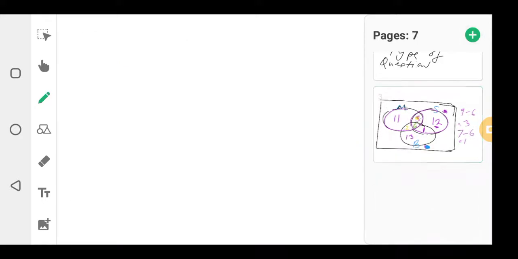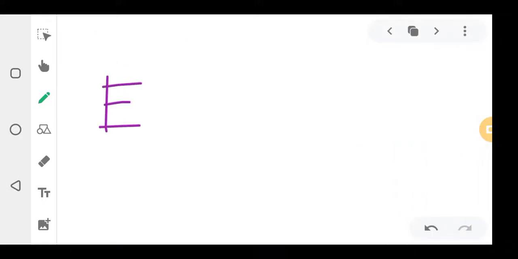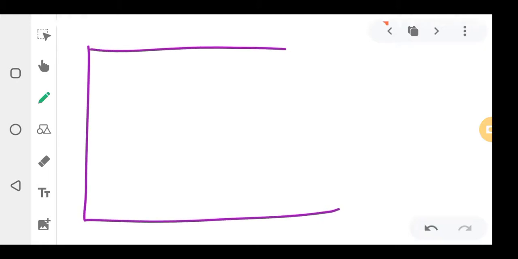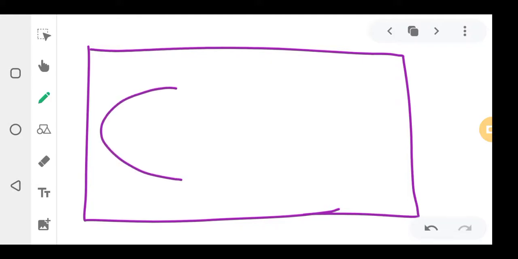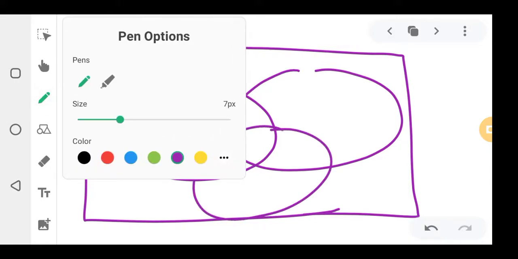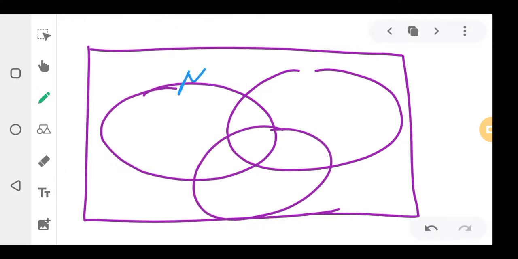Now, let me bring for you an exercise. Okay. So, this is a Venn diagram. I want to see if you have understood what I'm explaining. And this Venn diagram is like this. So, we have got mathematics, science, and biology.